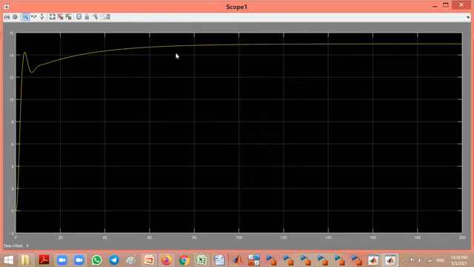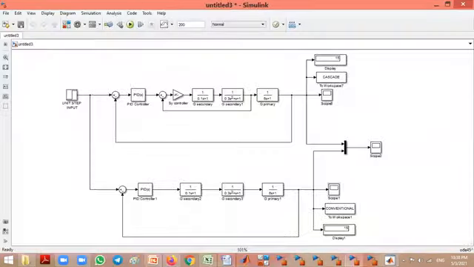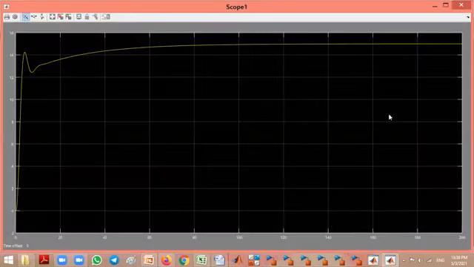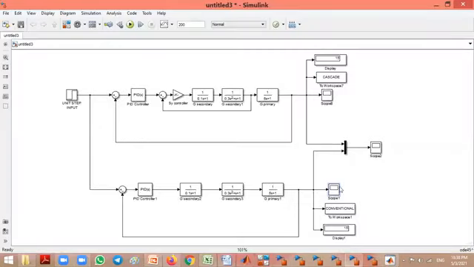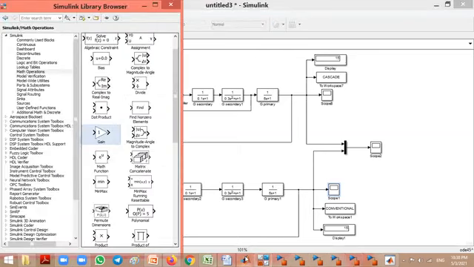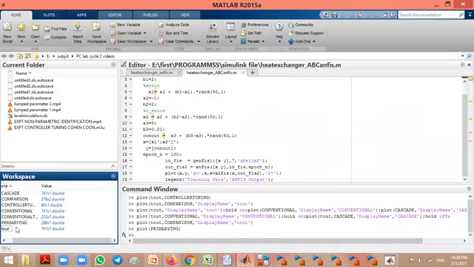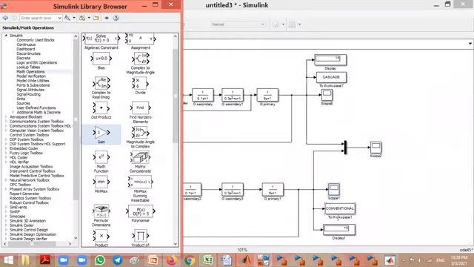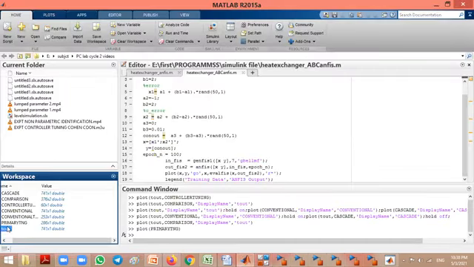See, it is taking more time to settle. This is the comparison. Go to the MATLAB main window and select T out. Here we are given two things, conventional and cascade. First select T out, next conventional, next cascade.